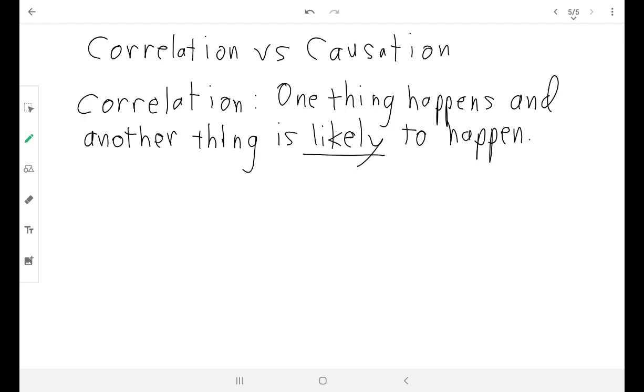Correlation would be something like, I'll give you the one that's in the study guide. A correlation is the pond, some pond is frozen.